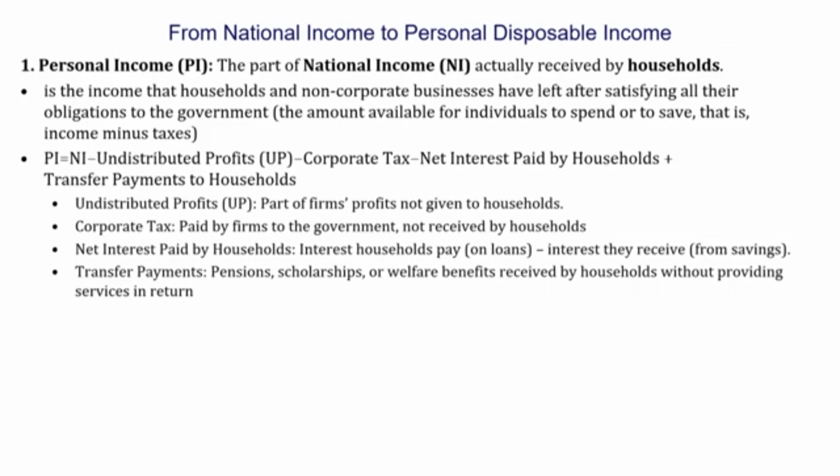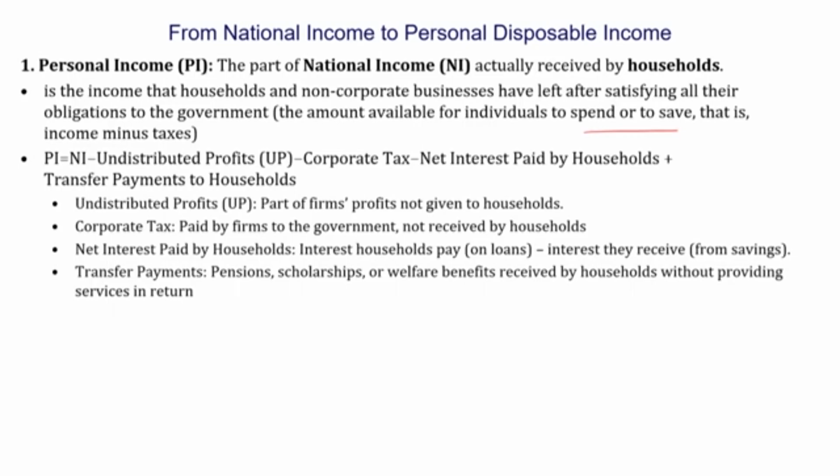One of the main concepts here is personal income, PI. Personal income means the part of national income actually received by households. It is the income that households and non-corporate businesses have left after satisfying all their obligations to the government. That is the amount available for individuals to spend or save, that is, income minus taxes.